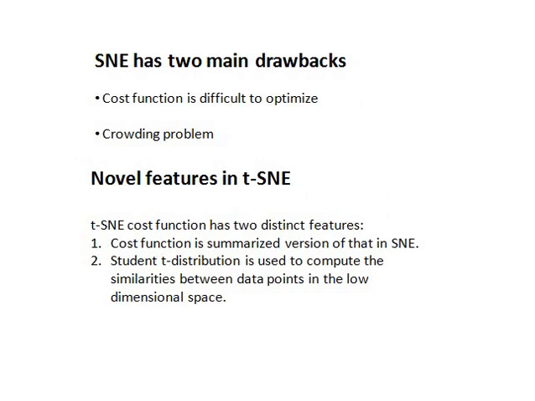So why do we have to go for TSNE? Because SNE has two main drawbacks. That is, stochastic neighborhood embedding has two drawbacks: the cost function is difficult to optimize, and the crowding problem. TSNE tries to tackle these two problems with two advantages: it uses a cost function which is a summarized version of SNE, and it applies a different distribution curve in the low dimension.